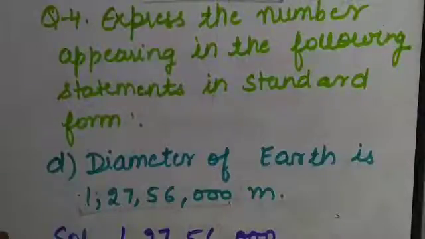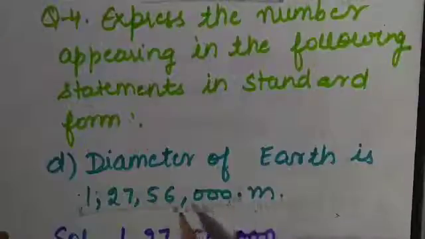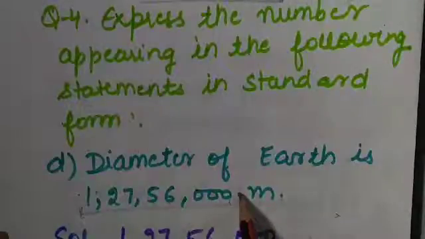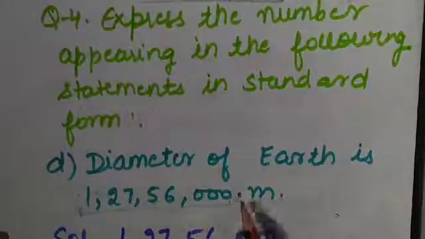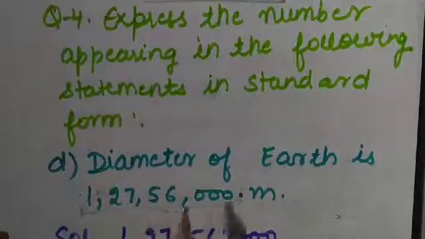We have to express this number in standard form. For standard form, the number must be expressed as a decimal between 1 to 10, including powers of 10. So how will you write it? In a number, at the end we have the decimal. Now I have to shift this decimal to make the number between 1 to 10.